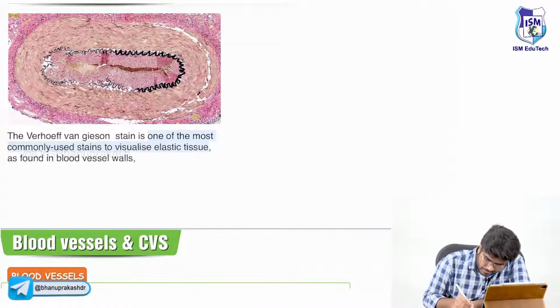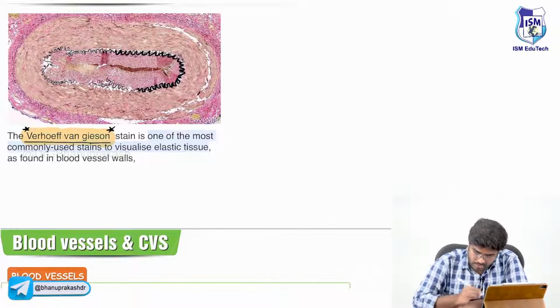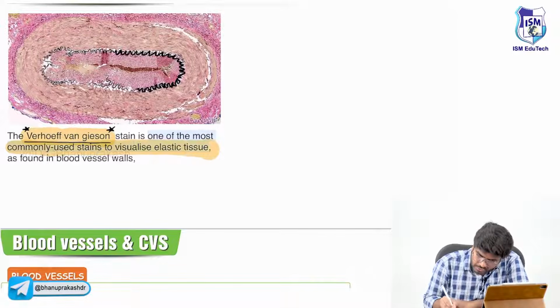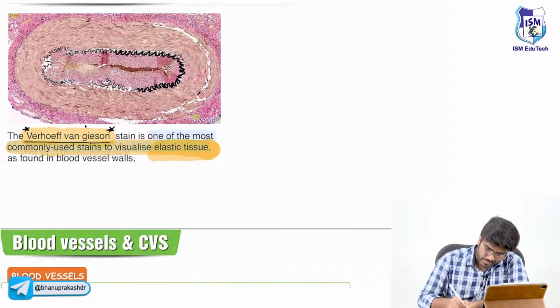So remember, Verhoeff Van Gieson stain. It is commonly used to visualize the elastic tissues. The elastin fibers are stained by Verhoeff Van Gieson stain. That's the MCQ.